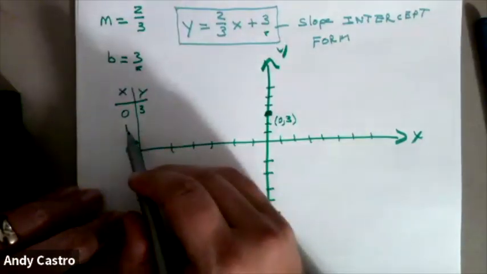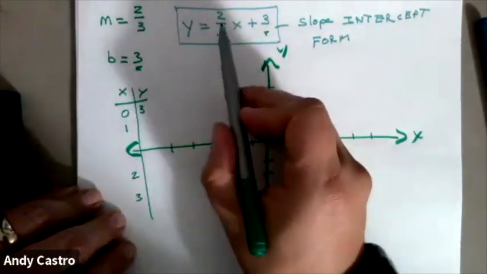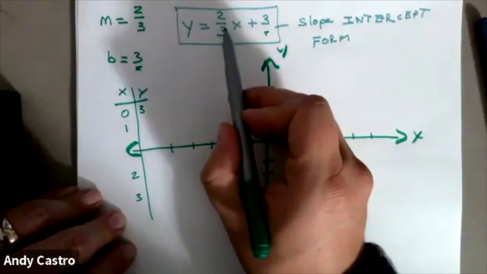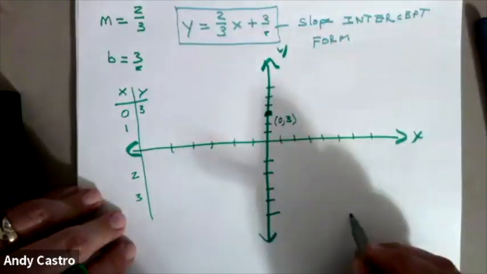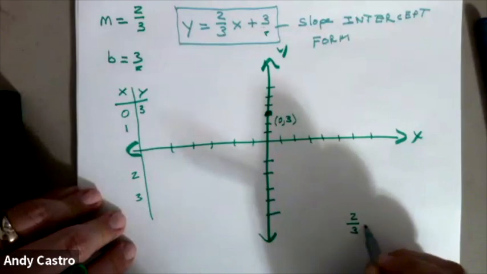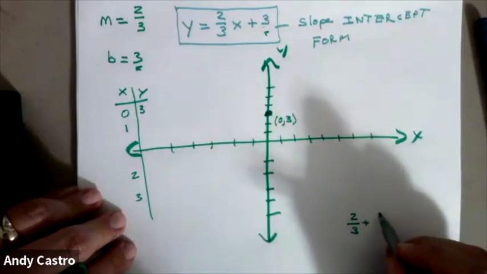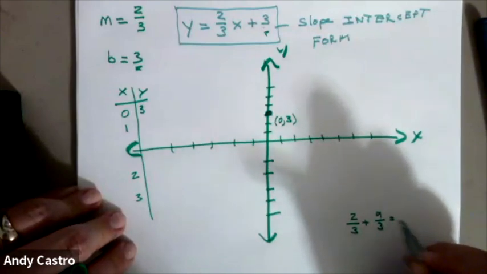All right, next if I plug in 1, I get 1 times 2/3. That's just 2/3 plus 3. So 2/3, let me do some quick math down here, plus 3, 3 would be 9/3.